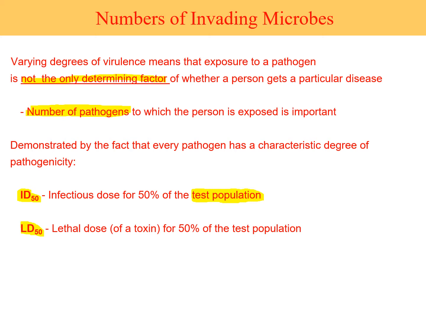If you raise the number that you give a group of animals, maybe 10% get it, and at some point you'll get to an ID50 where 50% get the infection. That's the ID50, infective dose 50%. It helps us understand the virulence of the organism, how easily it can infect. LD50 tells you its level of pathogenicity, in terms of what it takes to kill 50% of the test population.